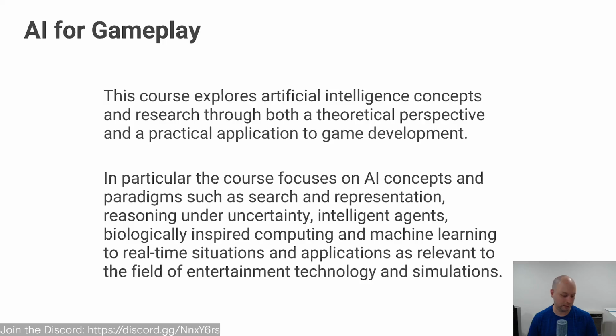We'll talk a lot about that world. And we'll definitely bring in the concepts of machine learning, biologically inspired computing such as evolutionary algorithms, and dealing with this in the real-time case and not real-time case. In particular, as should be implied by the degree you're getting, this is going to be done in the context of games and simulation.